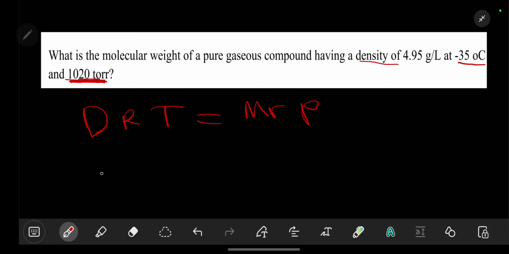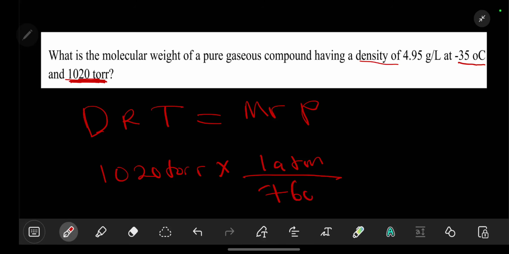We are going to use the same approach. Our 1020 torr, we multiply by 1 atmosphere on top. Then since the torr is up there, we have to put its equivalence down here: 1 atmosphere is equal to 760 torr, like that.